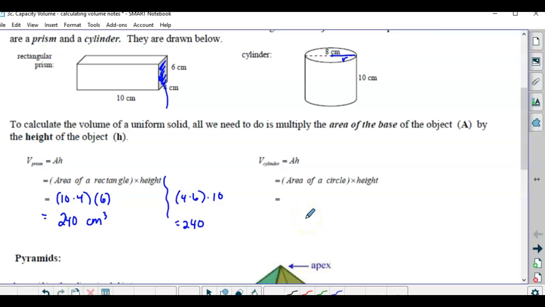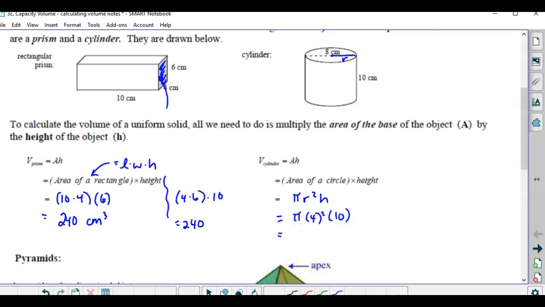Actually, I'm just going to go back to this and write out here: length times width times height, just to get a formula. Area of a circle is pi r squared, and then times the height. So if we were to calculate this, we would have pi times 4 squared times 10.